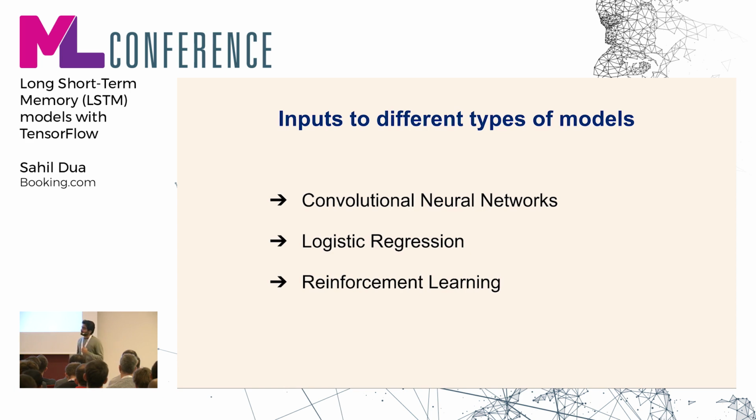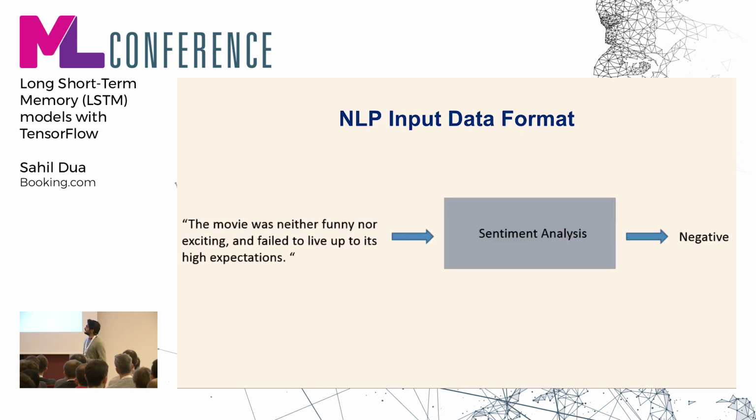But when we talk about natural language processing, we have a problem here, because the pipeline that we have looks like this. We have a text, a sentence: "The movie was neither funny nor excited, and so on." There are a bunch of words, and what you ultimately want to do is pass those words into a sentiment analysis system, which is a black box right now, and you don't really have any idea what's going on inside.